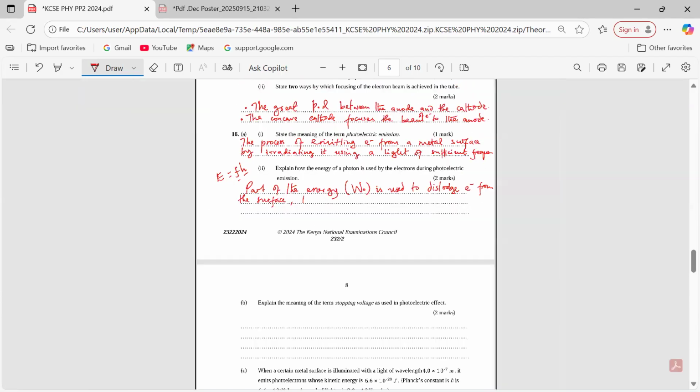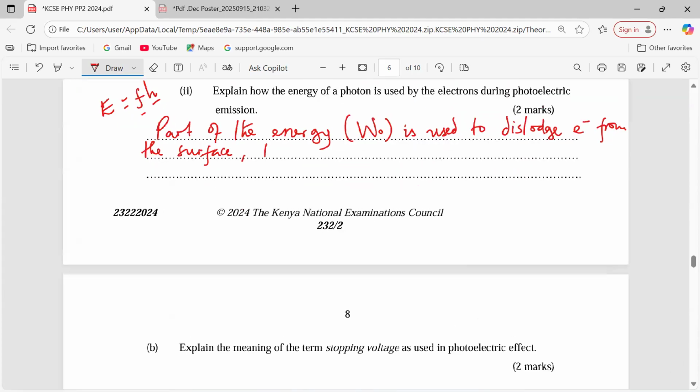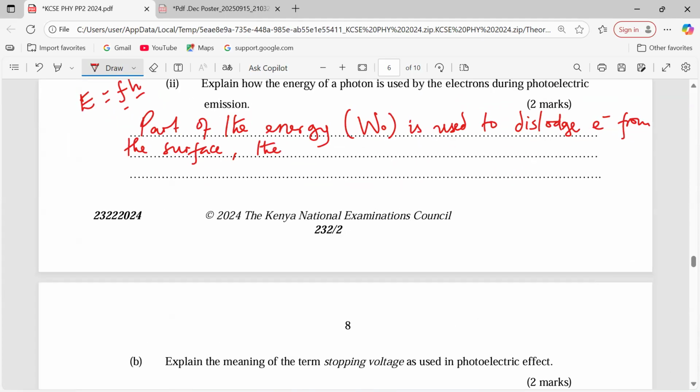Then the remaining energy is used by the electrons as the kinetic energy at which they flow.